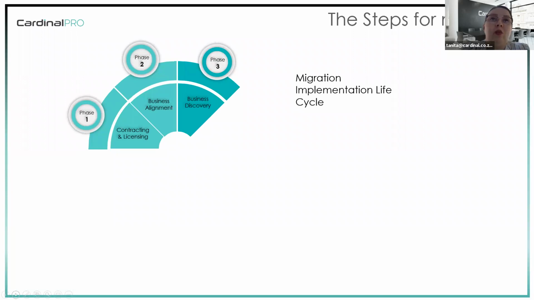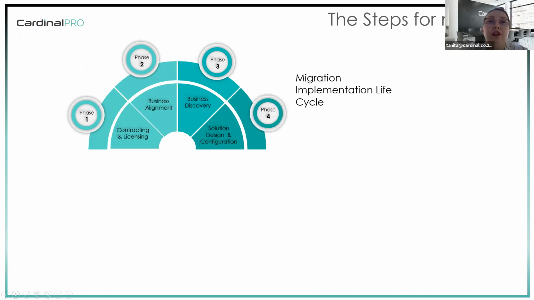And to ensure that we have the best fit from a system perspective into your business model, we go through business alignment and business discovery to make sure that what we have to offer in Cardinal 360 caters for all of your business needs, or if in turn out of those processes comes bespoke development that needs to be catered for before your journey to 360 can start. Doing these two phases as accurately as possible really helps the journey further down the line to make sure that there are no hurdles come loading stage.